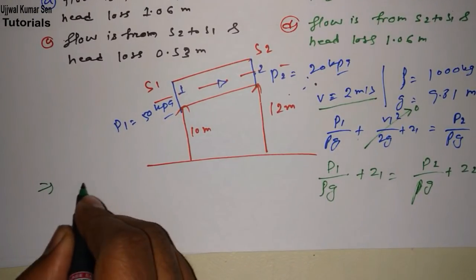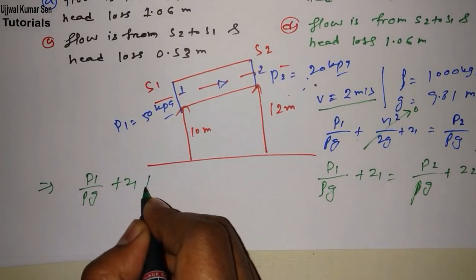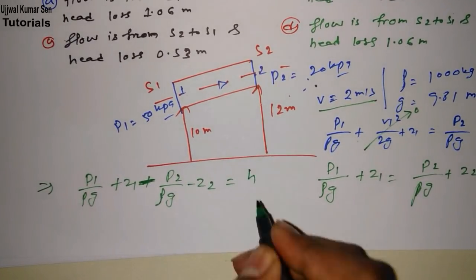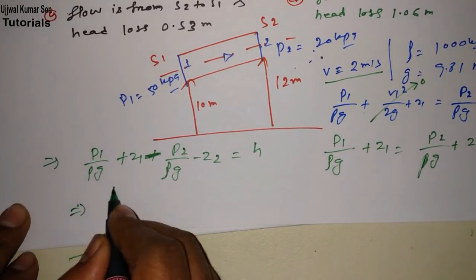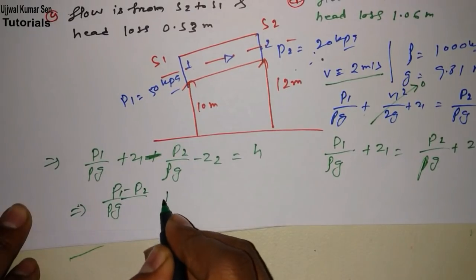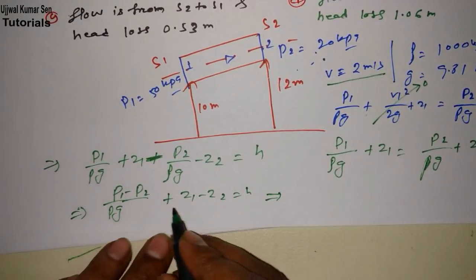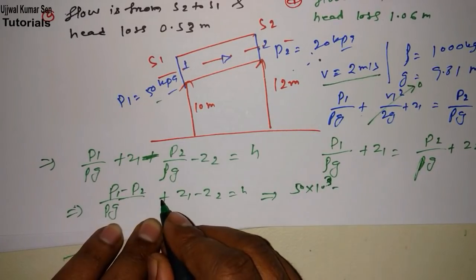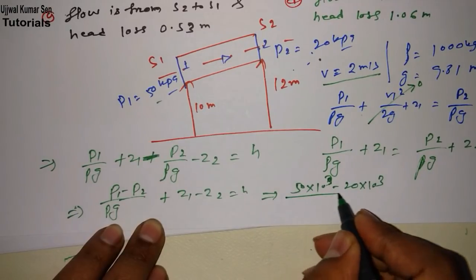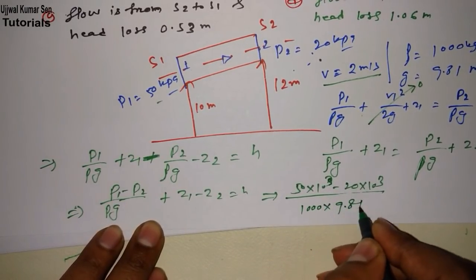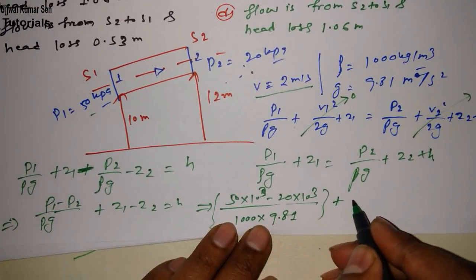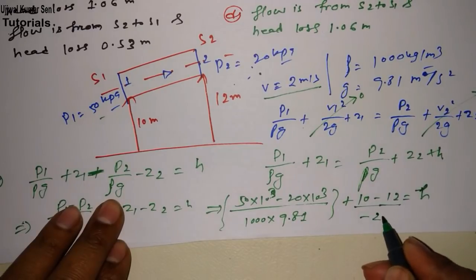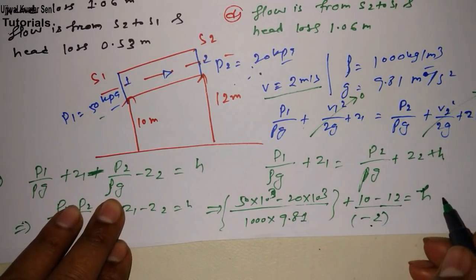P1 by rho g plus Z1 minus P2 by rho g minus Z2 is equal to H. Now we can take 1 by rho g common: P1 minus P2 divided by rho g, plus Z1 minus Z2, is equal to H. Further, P1 is 50 kilopascal, that is 50 into 10 to the power 3, and P2 is 20 into 10 to the power 3, rho is 1000, g is 9.81, plus Z1 is 10, Z2 is 12, equals H. Now this will become minus 2, and after calculation we will get the value of H.